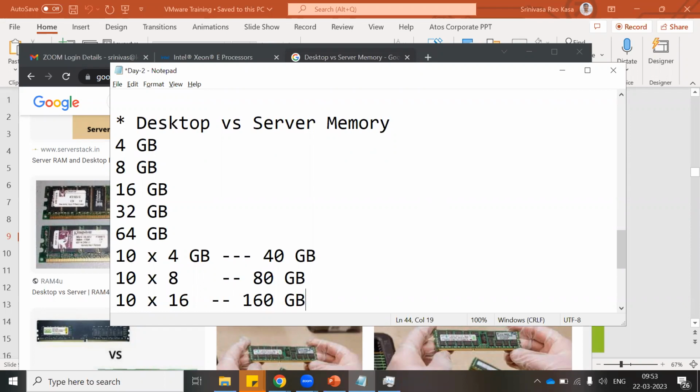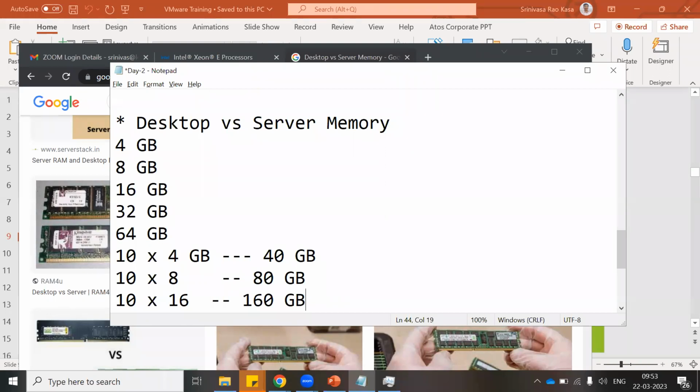So it depends upon how much memory is required, and at the same time, we need to understand the motherboard capacity. See here, for each and every component, I'm going back and referring to the previous one. I'm discussing memory, so why am I referring to the motherboard? What are the 5 components we are going to discuss in this particular hardware?